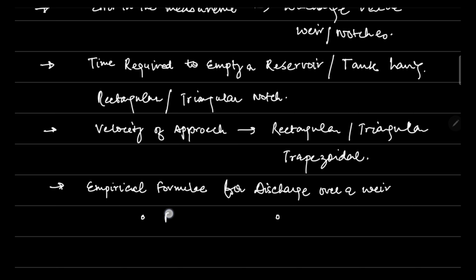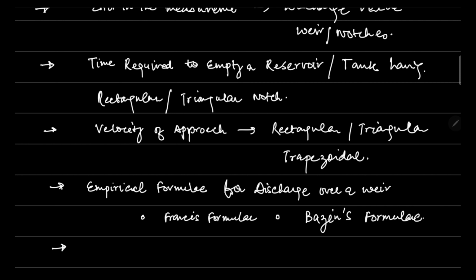First is your Francis formula, and second is your Bazin's formula. So these are the empirical formulas that are used in the field for the estimation of discharge over a weir.